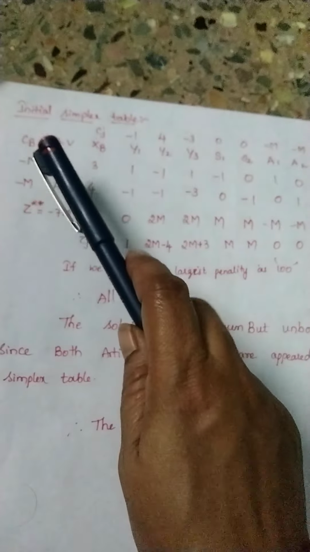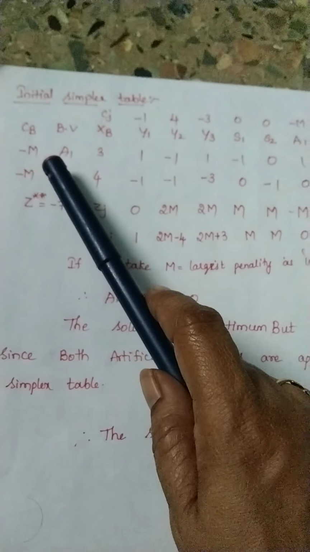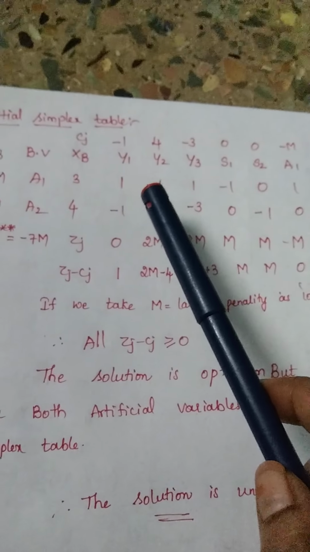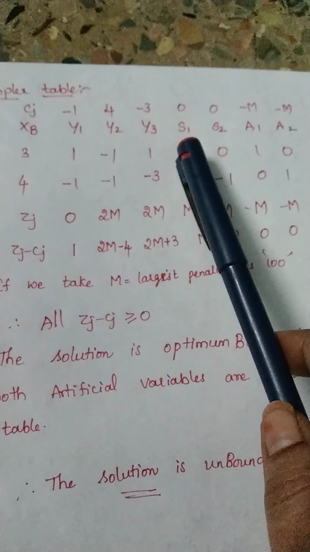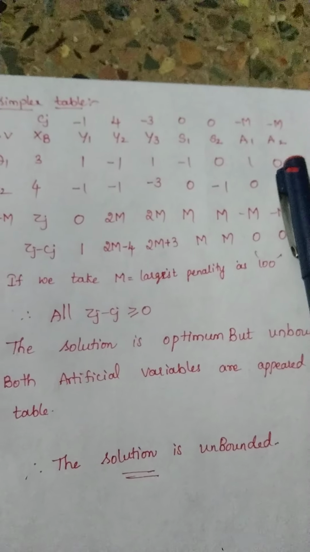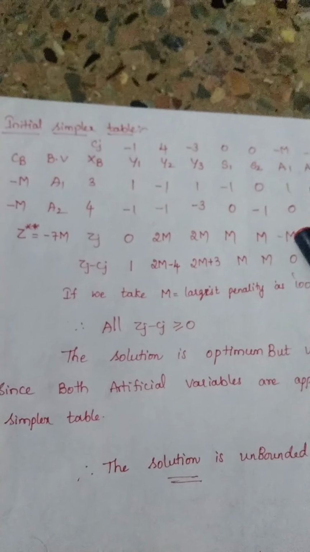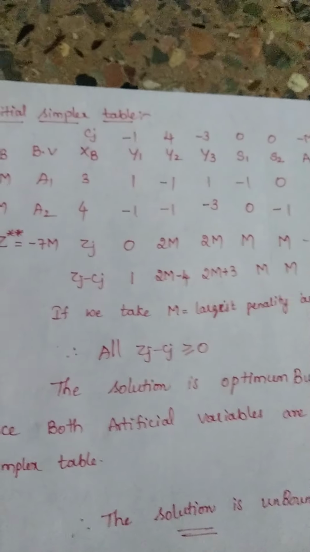See, the initial simplex table, as you already know the proforma: CB, basic variables, XB, X1, Y1, Y2, Y3, S1, S2, A1 and A2. As you already know how to write the coefficients for this, but again I will tell you.